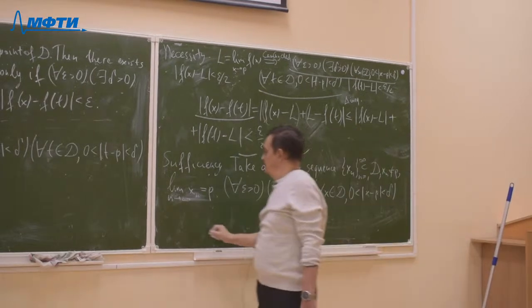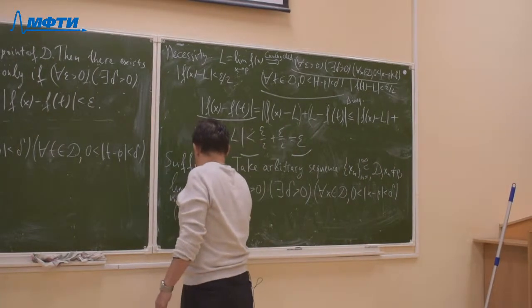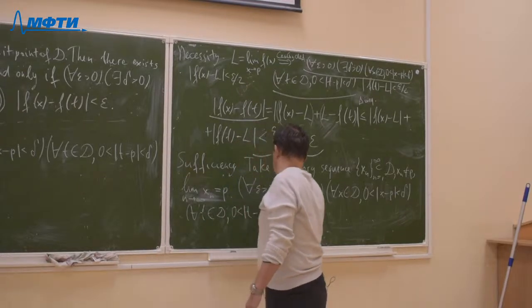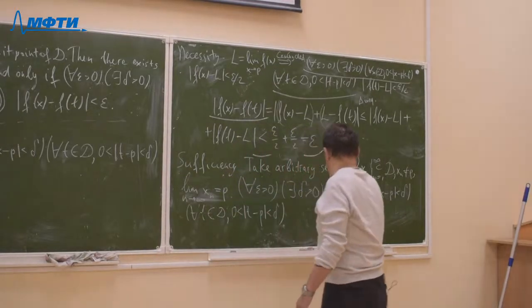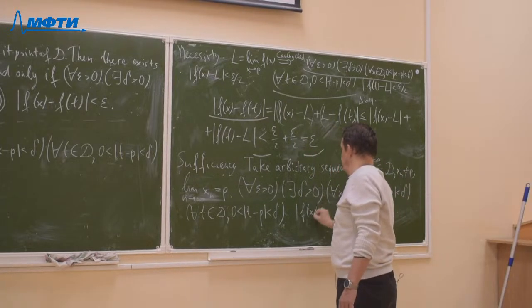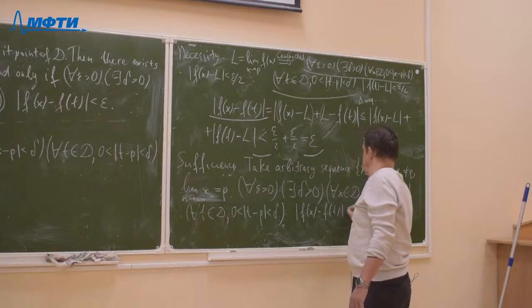For all t in D with the same inequalities, we have |f(x) - f(t)| less than epsilon.